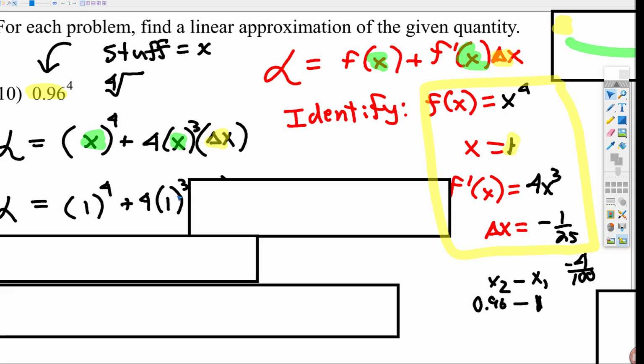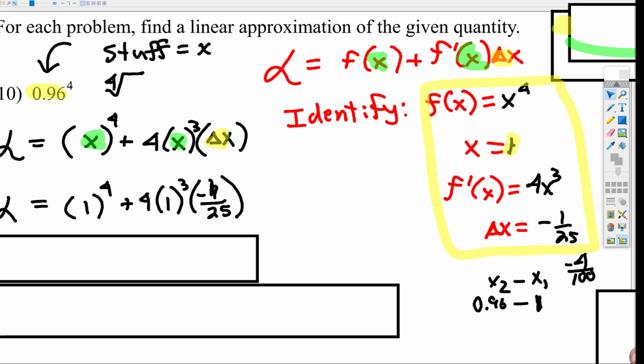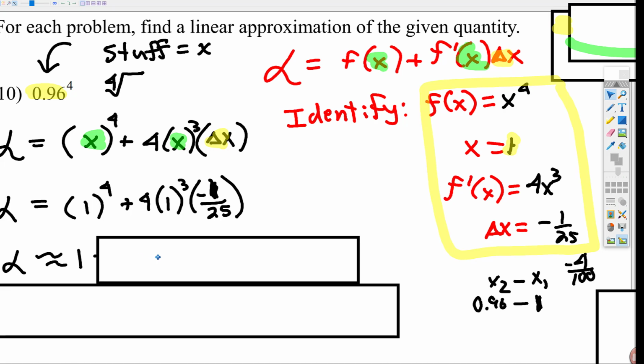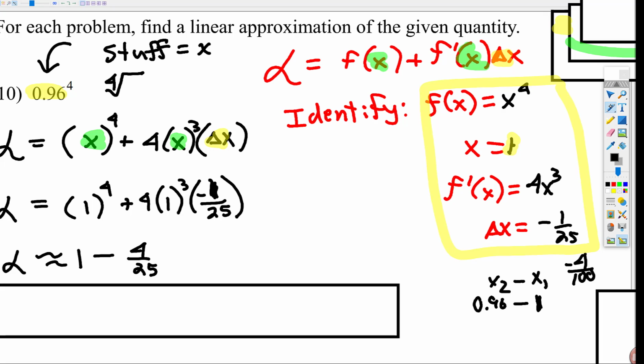That's 1 plus 4, but this is 4 times, and our delta x is negative 1/25. So 1 to the fourth is 1, and then this negative times positive is negative, so that's going to be 4/25. And then remember, we're going to want this to have the same denominator, so we can just write this as 25/25.